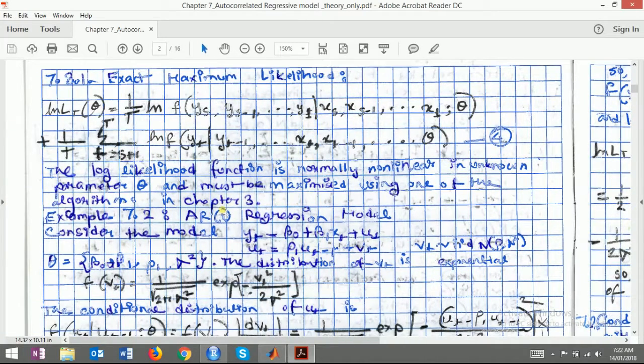Now for exact maximum likelihood, the log likelihood function of that joint probability density function is 1 by T times the log of ys till y1 conditional upon xs till x1 for all parameters, plus the mean over t, which starts from s plus 1, not s. It's very important to remember the first rows: things will not start from the first row.